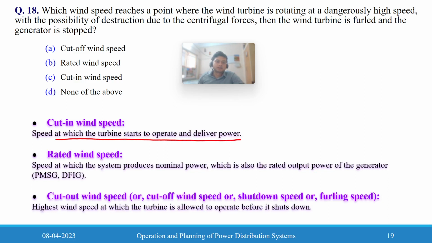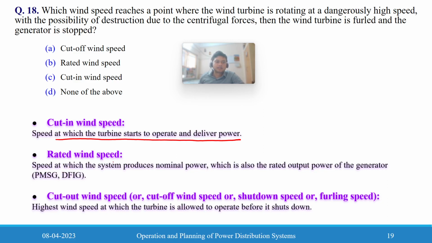This is the minimum speed at which the turbine can deliver power, and the maximum speed at which the turbine can deliver power is the cut-out wind speed, beyond which it cannot operate and will get damaged. So we need to provide a protection system so that it furls itself, or some other mechanism by which we can reduce the speed and take the power from the wind turbine.